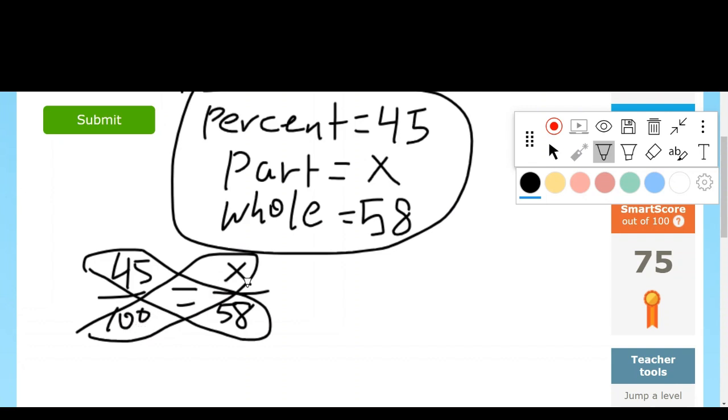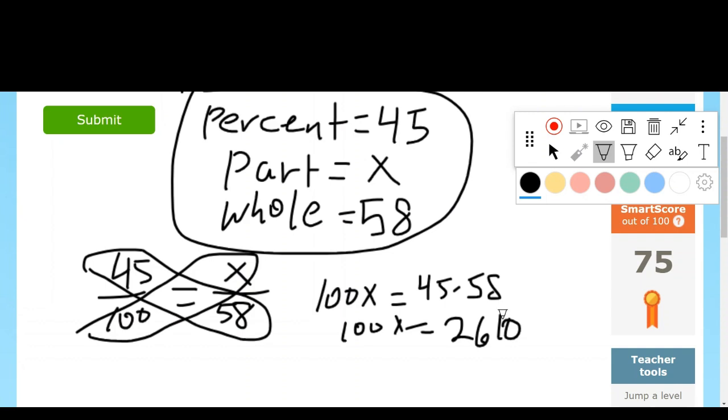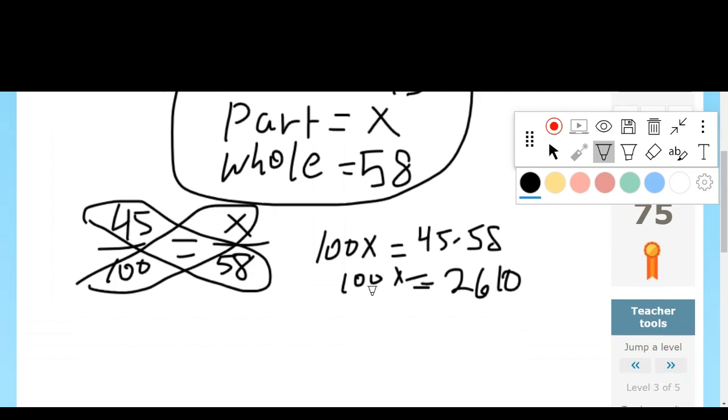So 100 times x, we get 100x. 45 times 58, we're going to get 2,610. And then to isolate the x here, what are we doing to x here? We're multiplying it by 100.